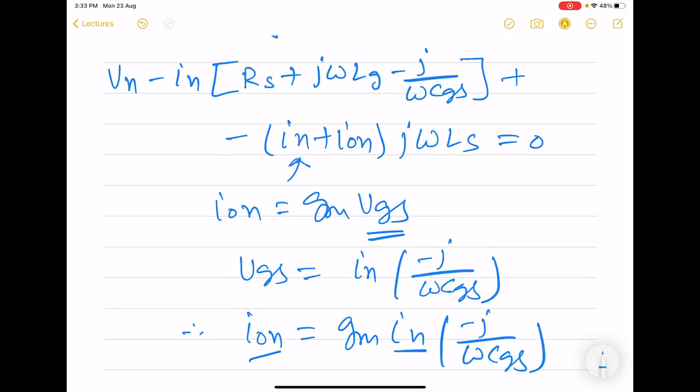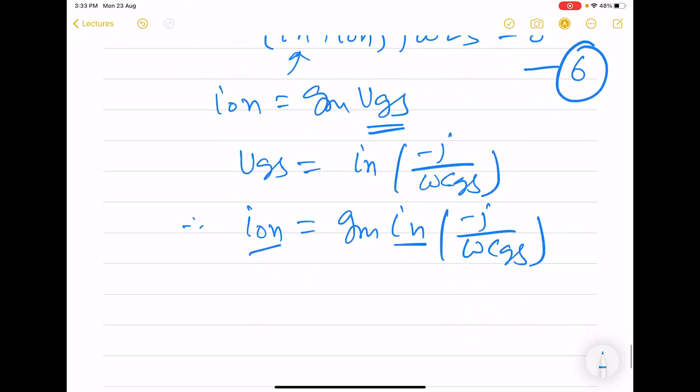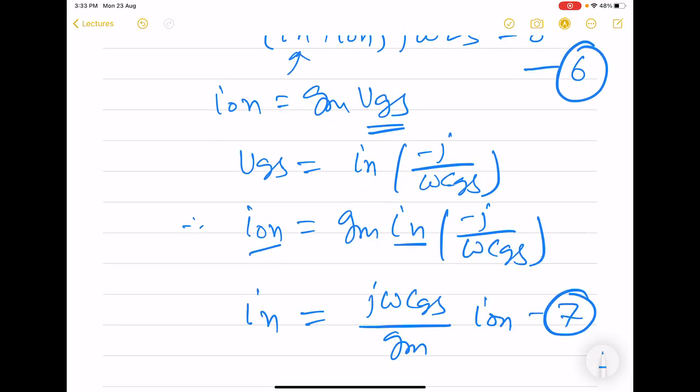We can substitute this IN in equation 6 from IN equal to j omega CGS divided by gm into ION. That is equation number 7.